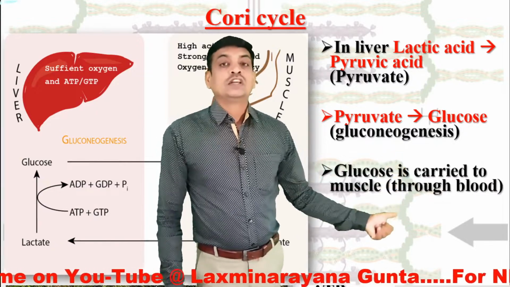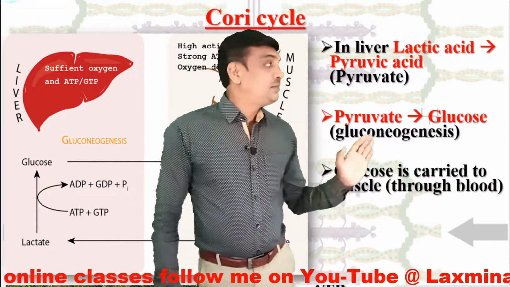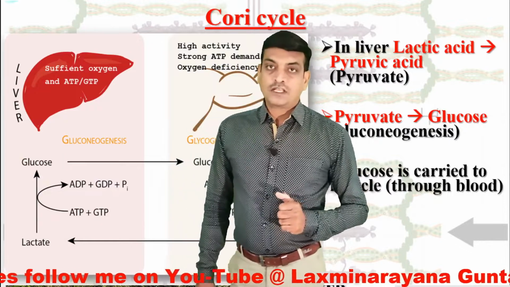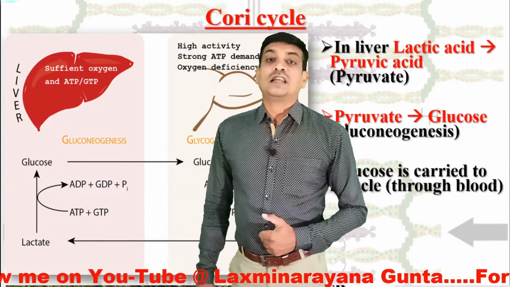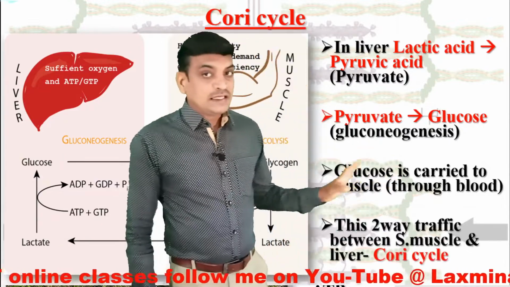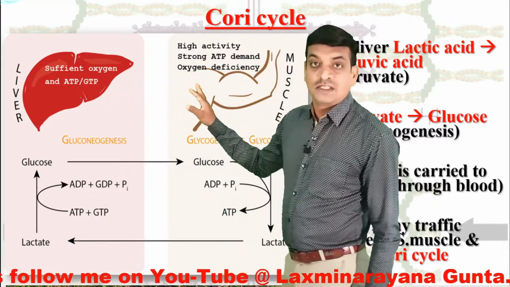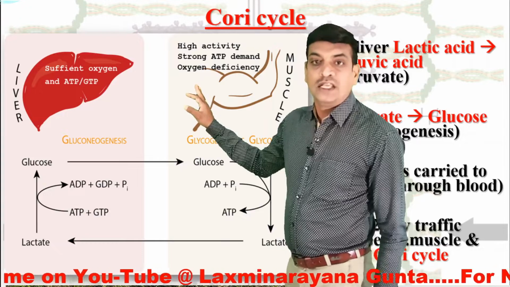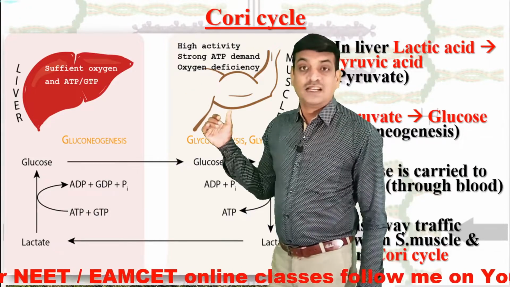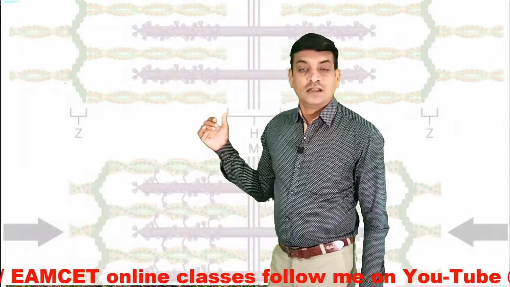This glucose is carried to the muscle through the blood and is utilized by the muscle. This two-way process between liver and skeletal muscle is called the Cori cycle.